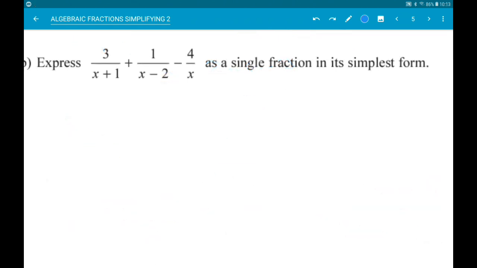Next up, we want to express 3 over (x add 1), add 1 over (x minus 2), minus 4 over x as a single fraction in its simplest form. Okay, so again, don't do it all in one go. Let's do the first 2 fractions.